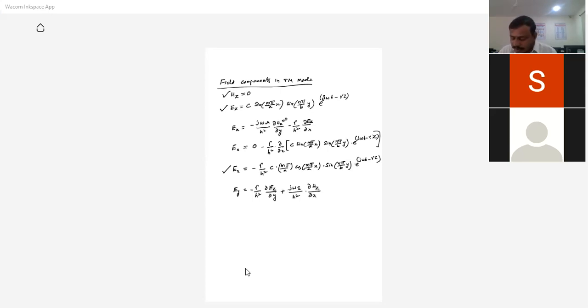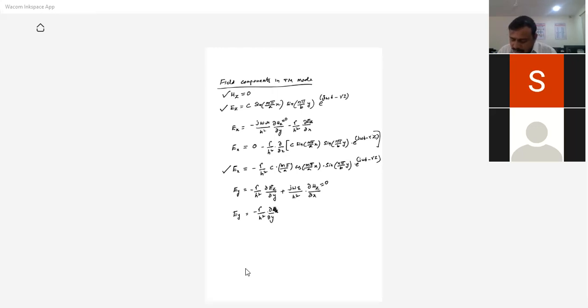Now this is 0 because it is a TM mode, Hz is equal to 0. Now we have only this one. So our Ey is equal to minus gamma by h square dou Ez by dou y.